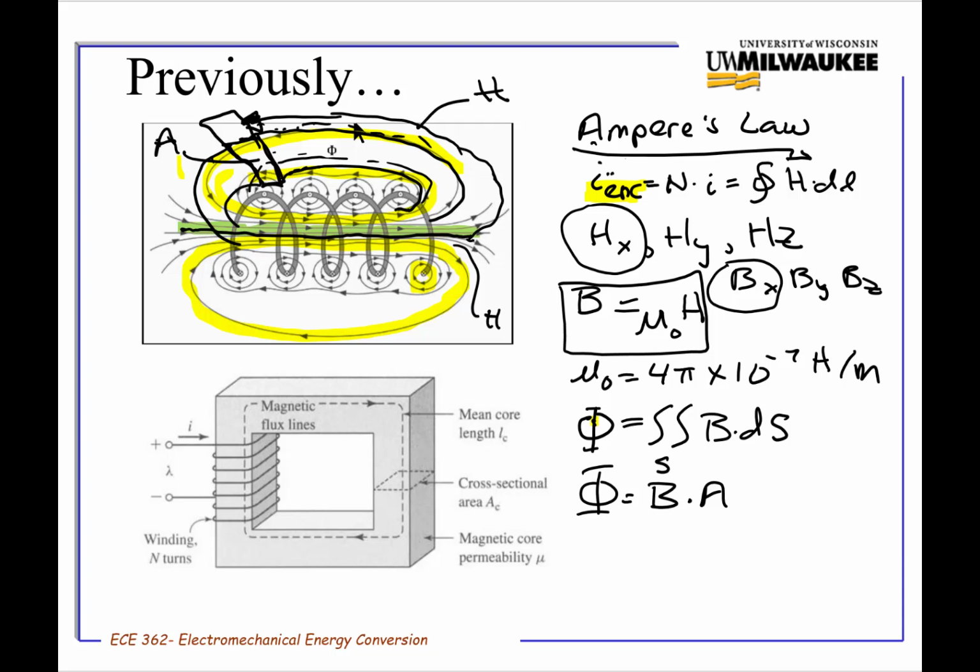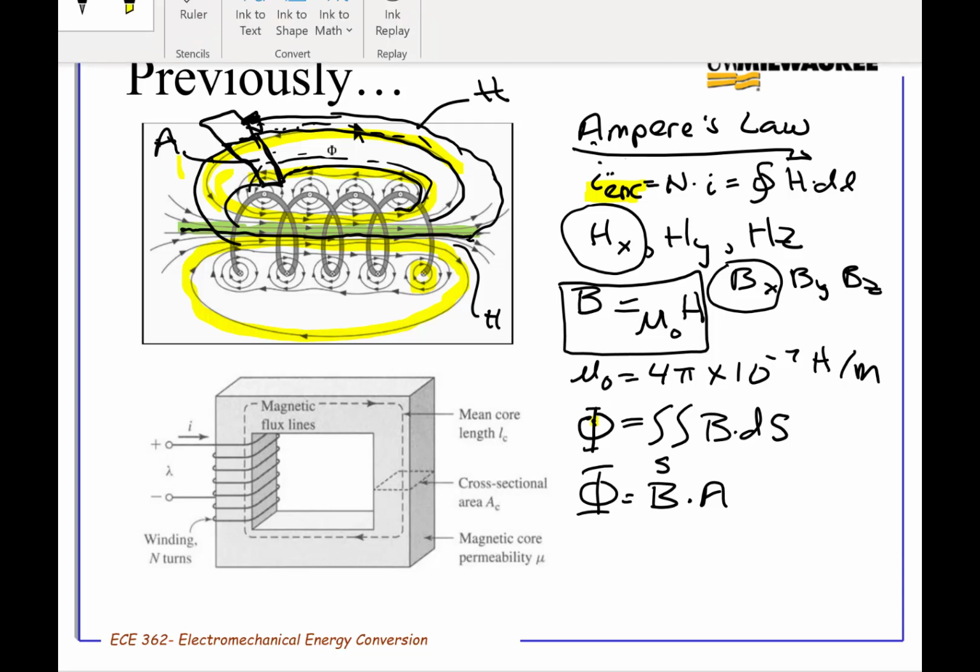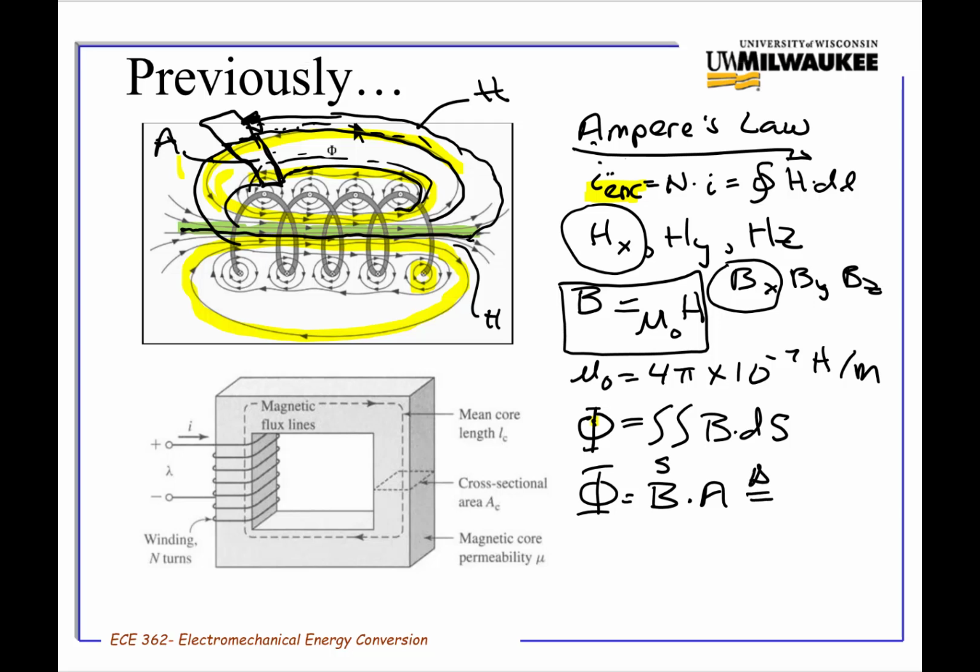And as I told you last time in our lecture, the flux had the units of Webers, or WB, and your B would have the units of Webers per meter squared. It's a density.